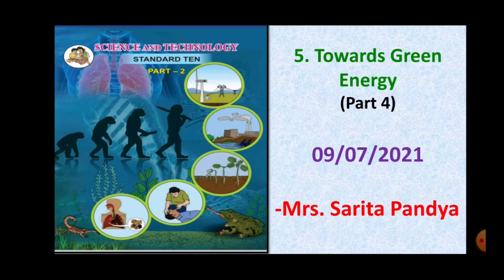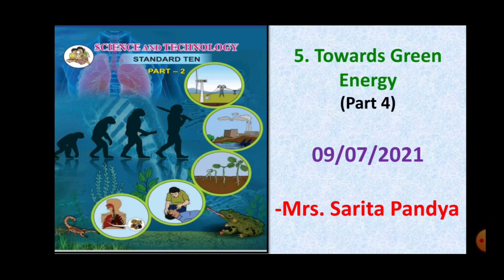In this lesson, we have studied, or we are rather studying, the various sources which are now used for the generation of electrical energy, the methods and the scientific principles which are used for the generation of electricity, as well as the advantages and disadvantages of these different methods. And we have also studied the meaning of green energy.